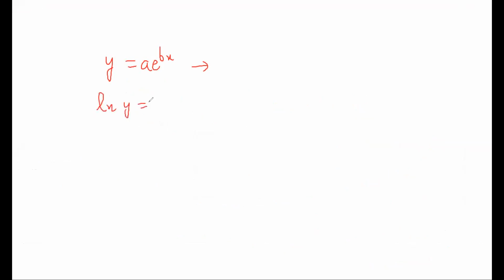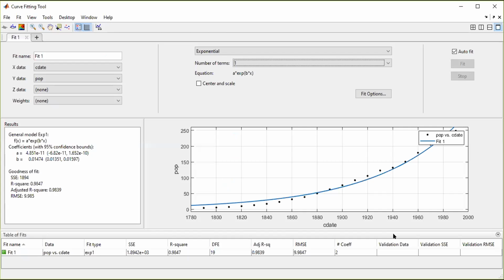We used to take the logs, which makes the constant go away, and taking the logs of this gives you a straight line. That straight line is the linear function, and then you minimize the errors. So it's basically the same thing you are doing here when you fit an exponential curve with one term: a e^(bx).